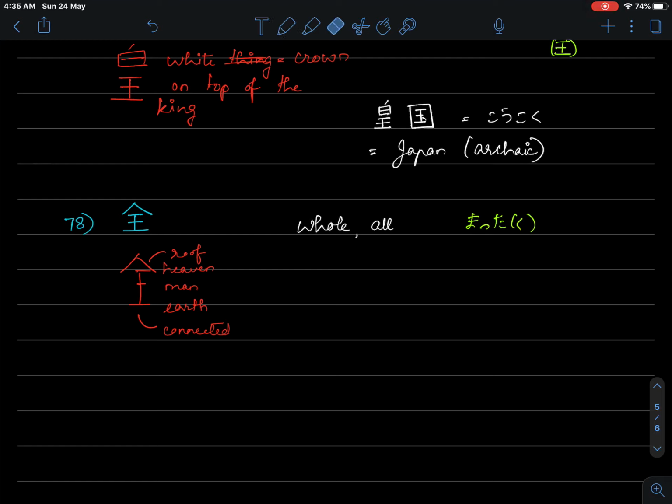Yeah, mattaku and subete and zen. Zen. Okay, let's have a look at some words for it.